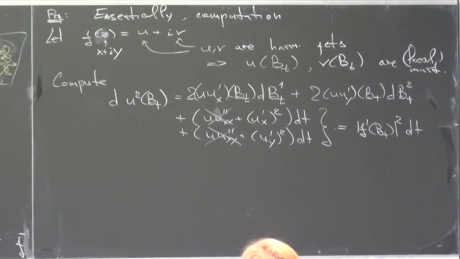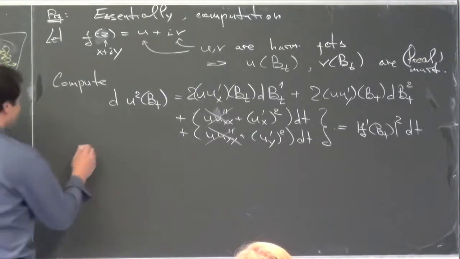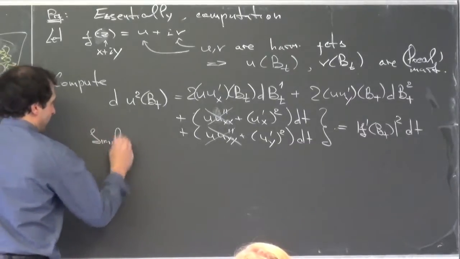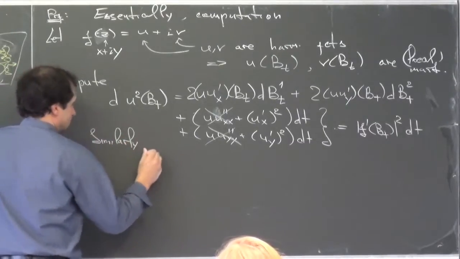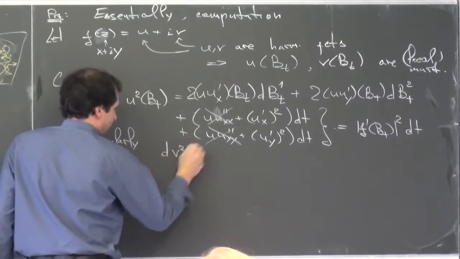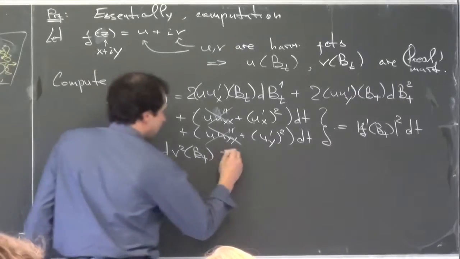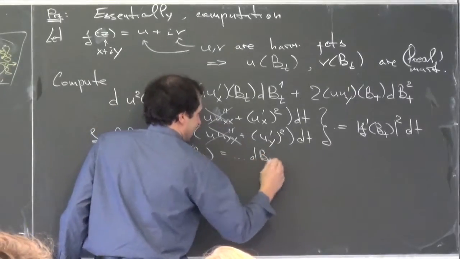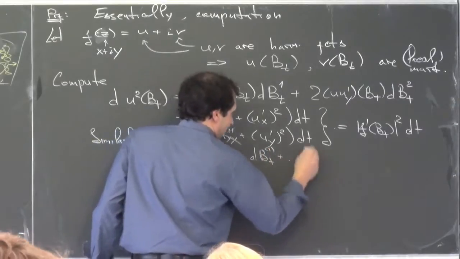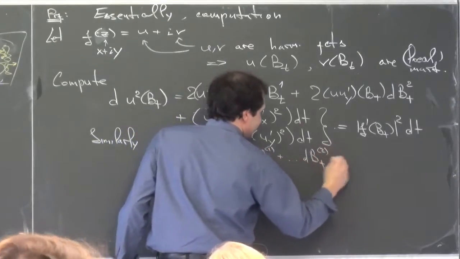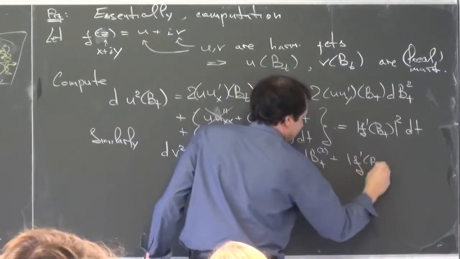Similarly, if you do exactly the same computation for the second function, you see something dB, some local martingale part, plus the same drift.